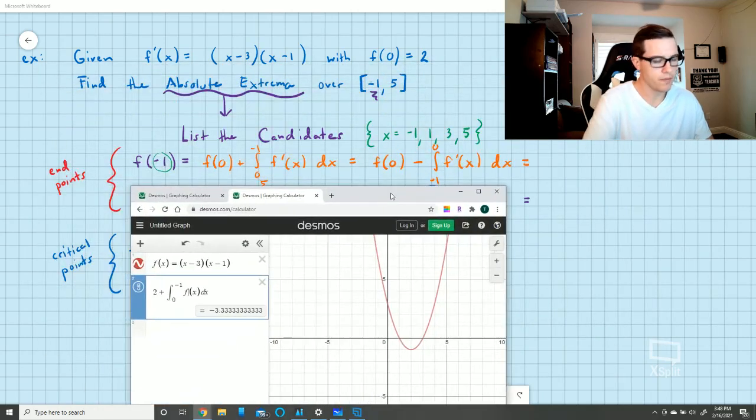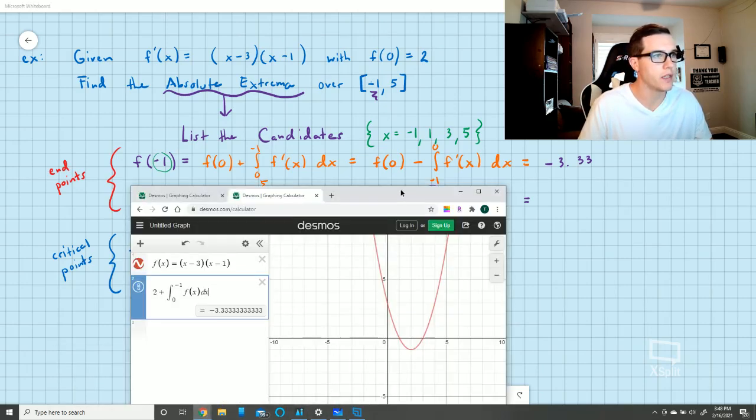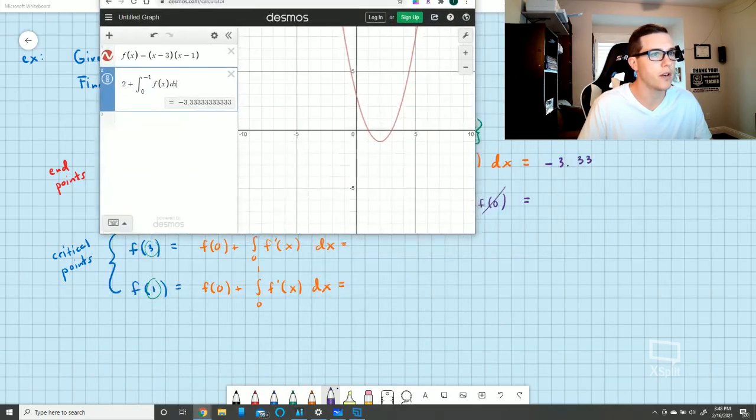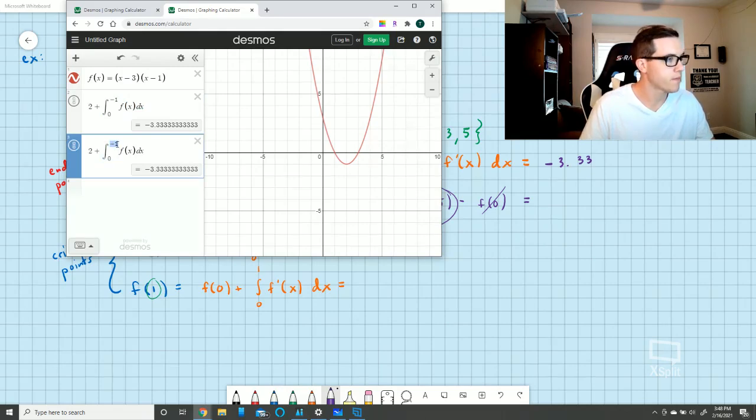So this first one, negative 3.33. We have found that value in the original. And then we just continue along. So once you've done one, it's basically the same thing over and over and over. So I almost can just copy this and do from 0 to 1 now. That's positive 3.33 repeating.